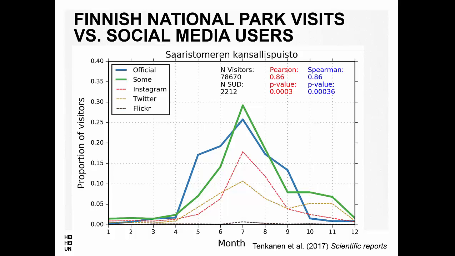So at least in Finland and in South Africa, people use Instagram in a way that they post instantly, as the name tells, when they are there, and hence create data which is somehow representing being in the place, whereas Twitter and Flickr are used a bit differently. So the results are somewhat reassuring that social media data could be providing something interesting.